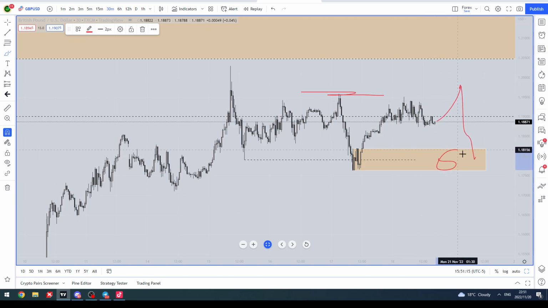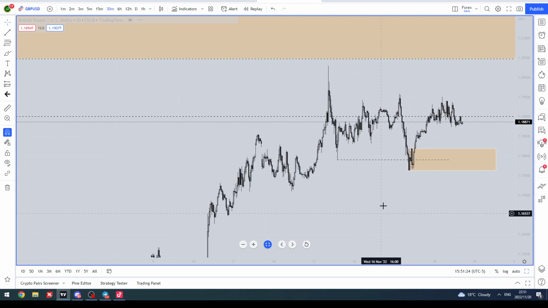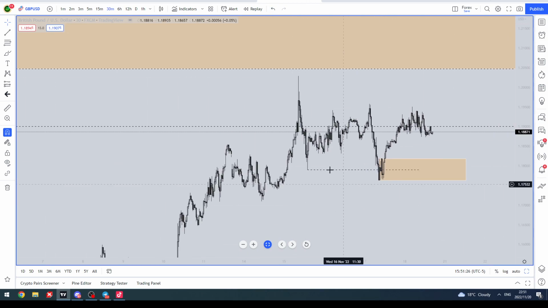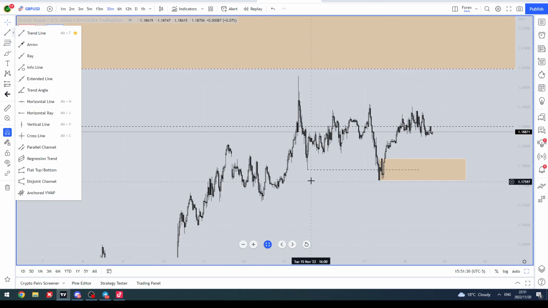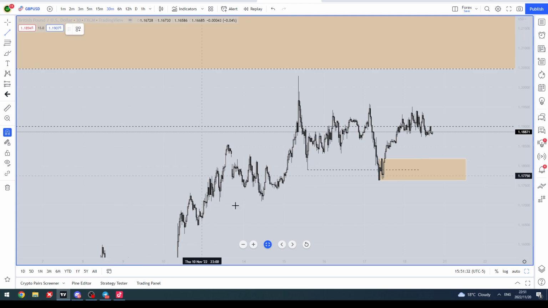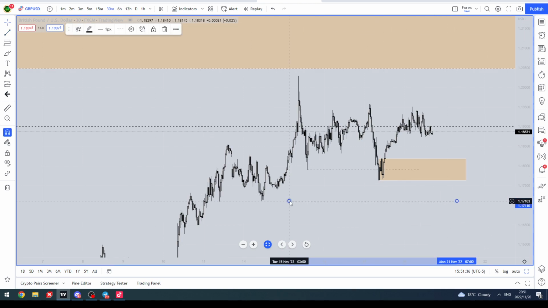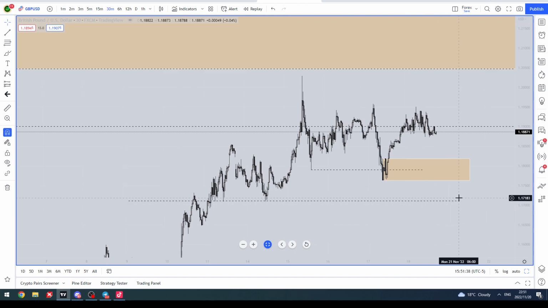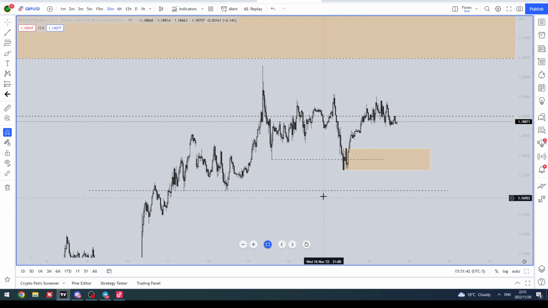But this is the level you're going to watch to give you that final push up on GU. And you can see there's no break of structure. Your break of structure would probably come here, so don't be too bearish. If you are, I don't know what your bias is on GU, but you only start to worry for now if we get below that price.